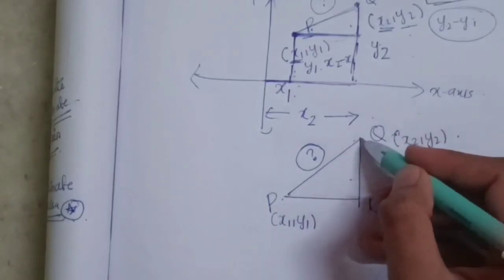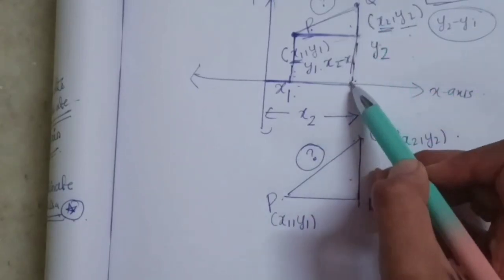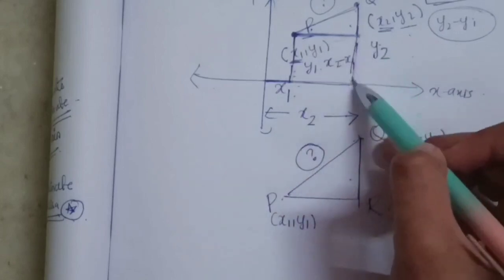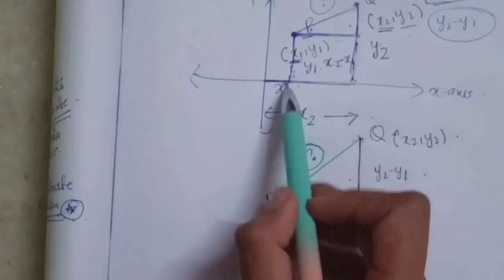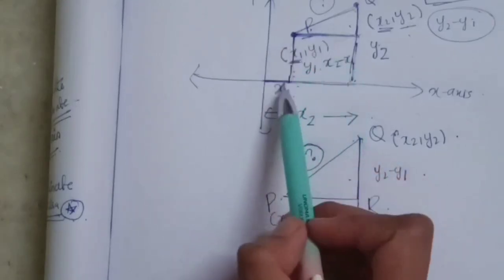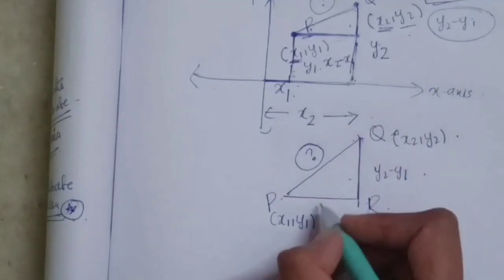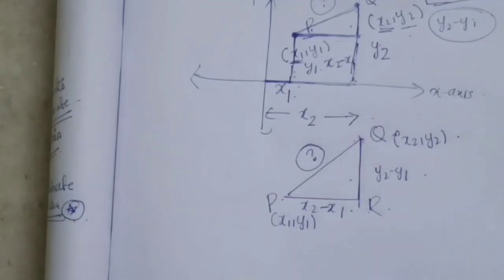This whole length is y2 and this length is y1, so this length will be y2 minus y1, and this whole length is x2 and this length is x1, so this length will be x2 minus x1, right?